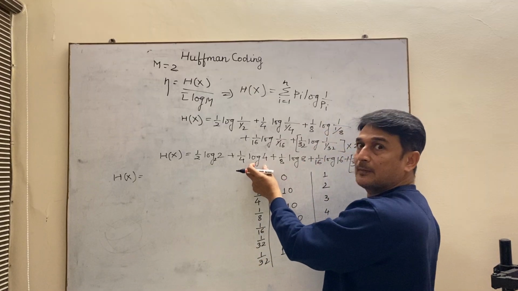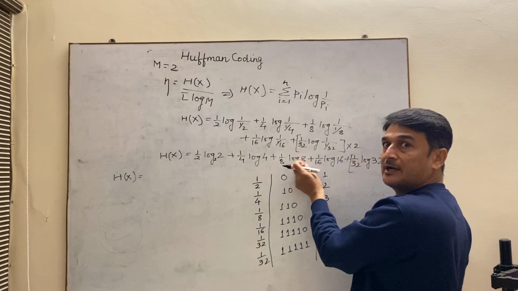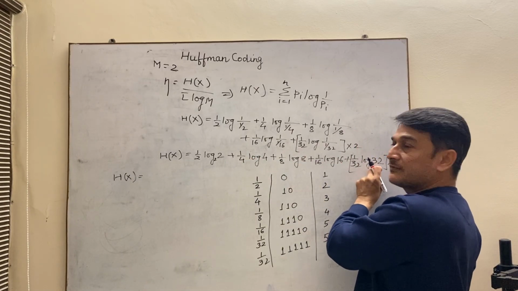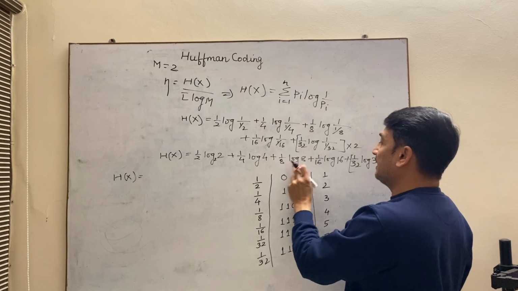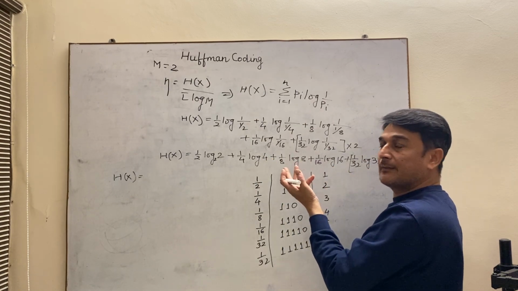Again log 2 will become 1, so here you will get only 2. Similarly 2 cube, 2 raised to the power 4 and 2 raised to the power 5. So here you will get 3, here you will get 4, and here you will get 5, because log 2 base 2 will become 1.